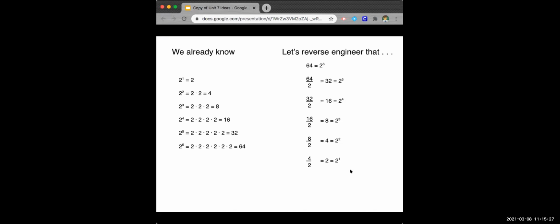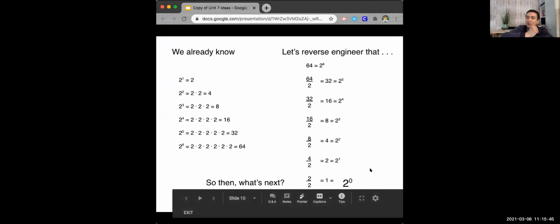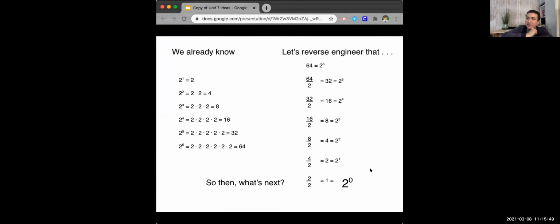Each one in front of it would be 1 times 2 times 2. So that could be a useful way to remember it as well. If we continue this pattern here, then when we divide our answer by 2, we get 1, which would be 2 to the power of 0. So there's 2 different ways you can think about it.